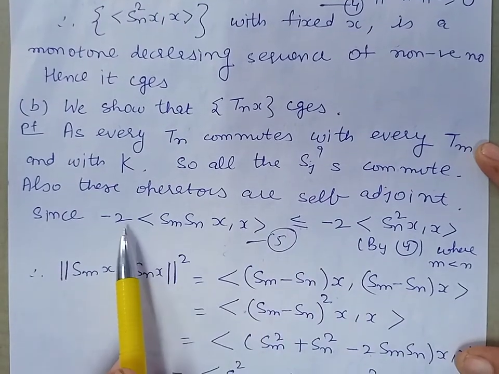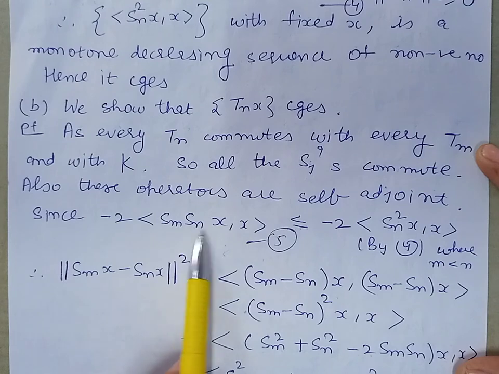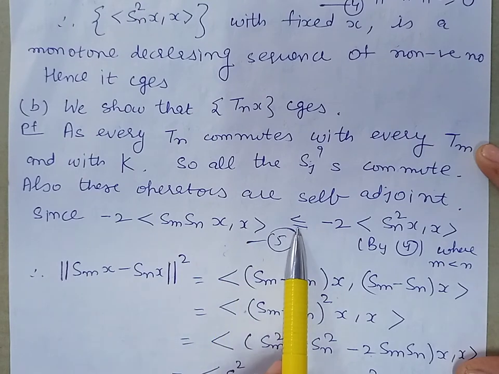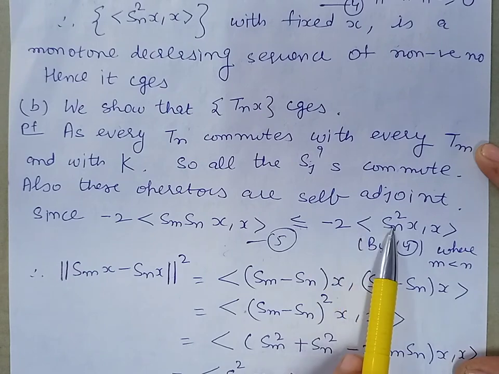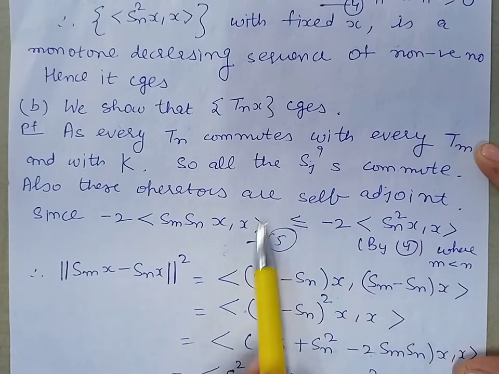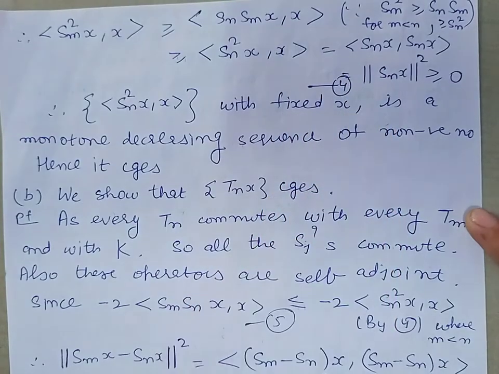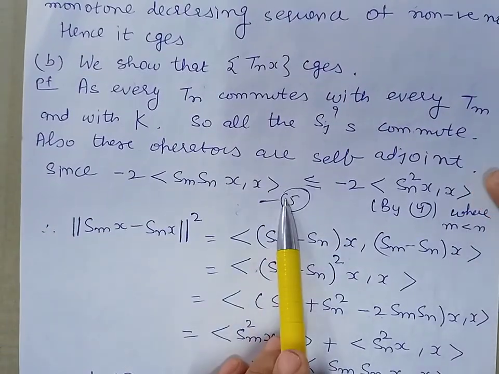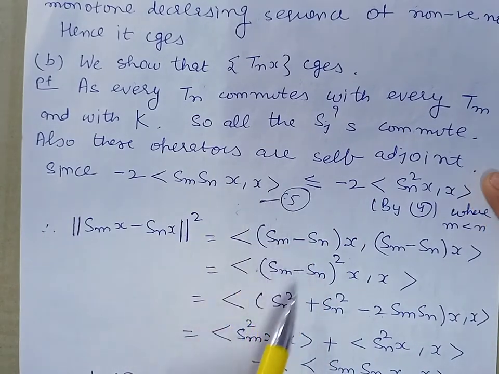Now minus 2 into inner product of Sm Sn x with x is less than or equal to minus 2 into inner product of Sn square x with x, and this is obtained from equation number 4. So we will use this to prove that the sequence Snx is Cauchy.